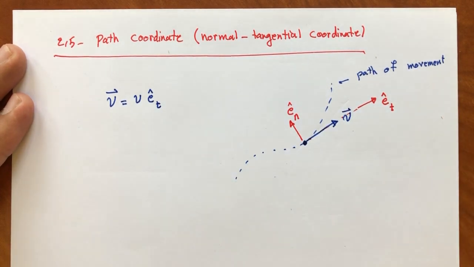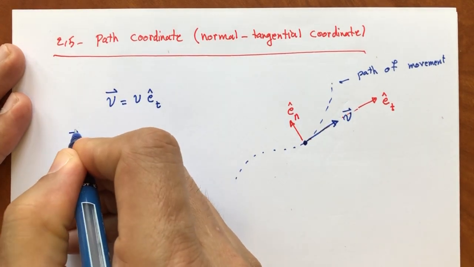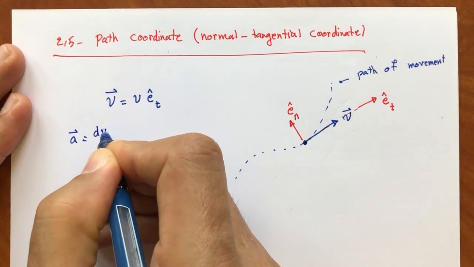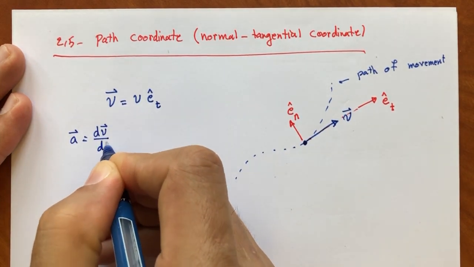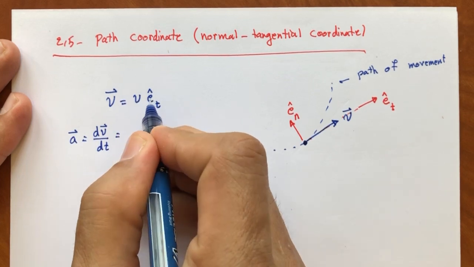Okay? And to find the acceleration, we can take a derivative of this. Derivative of velocity is acceleration. That's the definition of acceleration. So we need to take a derivative of all of these.